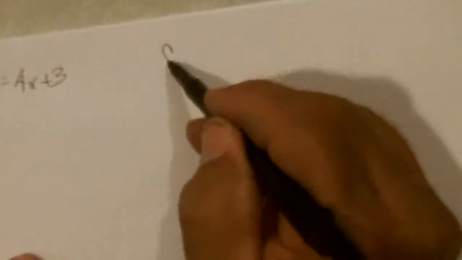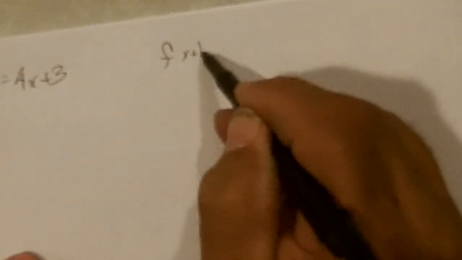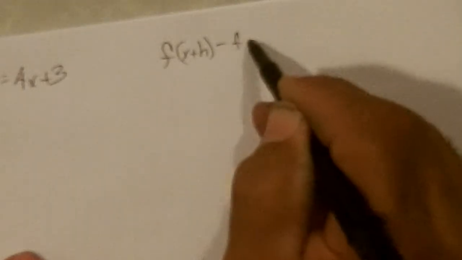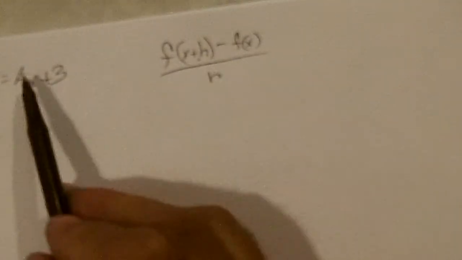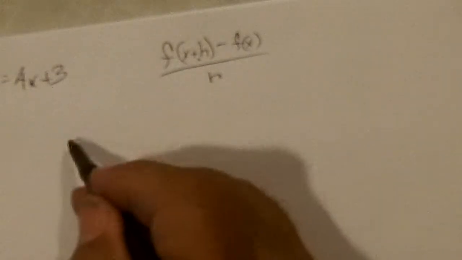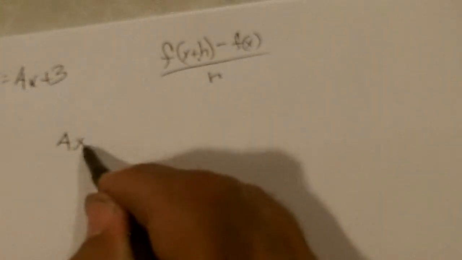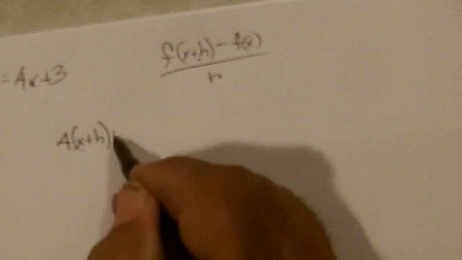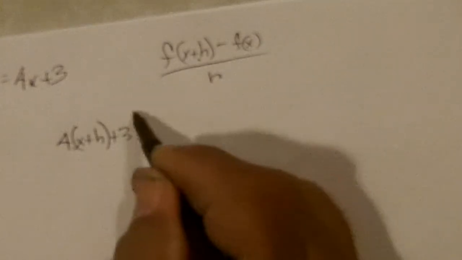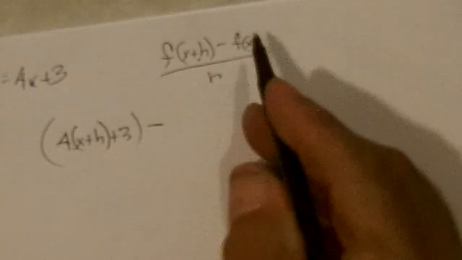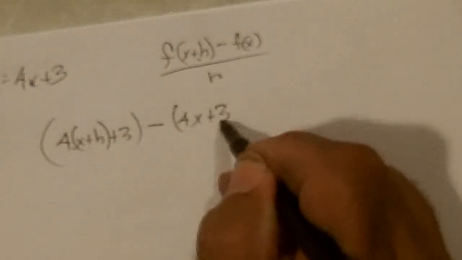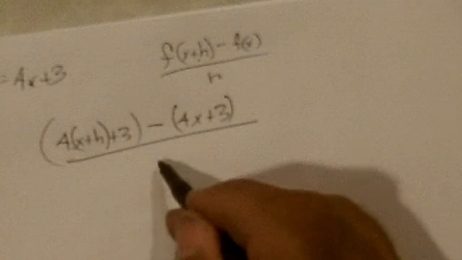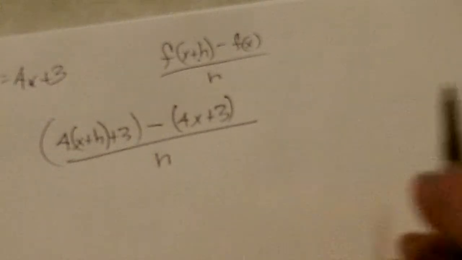Difference quotient is f of x plus h minus f of x divided by h. X plus h in place of the x would be 4 times x plus h plus 3, minus f of x, which is 4x plus 3, divided by h.